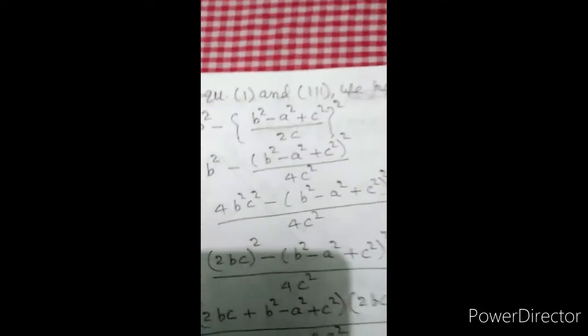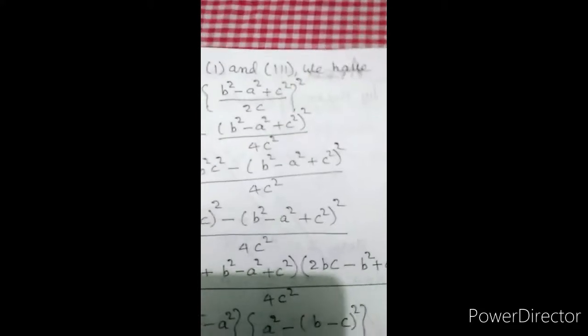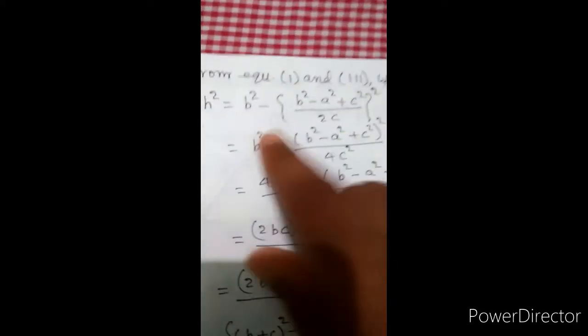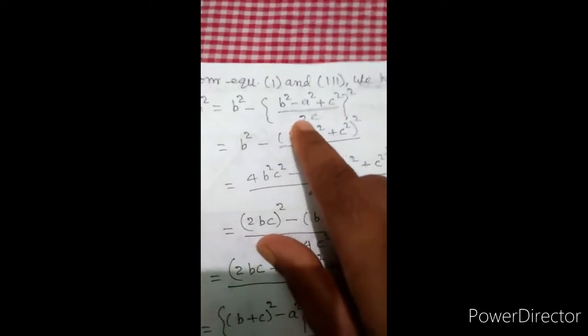Now try to get the value of this h. From equation 1 and equation 3 we have h square is equal to b square minus x square.